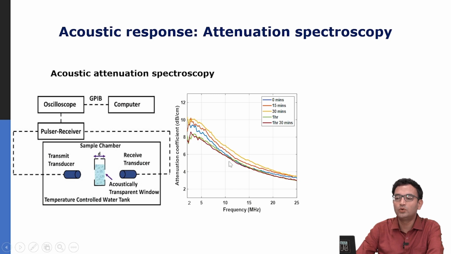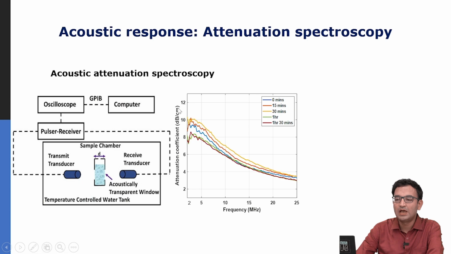So what you can do is you dilute the bubble suspension and you put it in an acoustically transparent chamber in the beam between the transmission transducer and the receiving transducer, and then you can measure attenuation as a function of frequency.